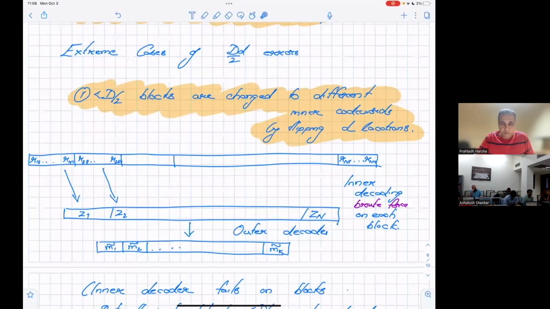But then it's going to look at the recovered codeword and ask what is its distance from the received block. If the distance is very close to d by 2, it says its confidence is very little in the codeword, and it's going to erase it completely.